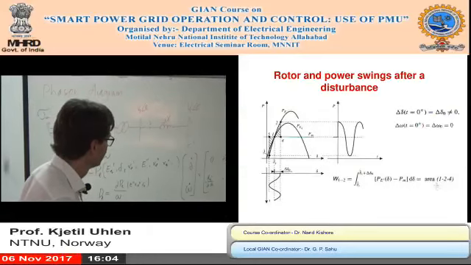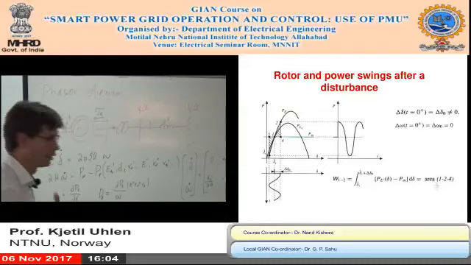So if we somehow disturb the system so that it has an electric power up here to start with, it will oscillate like this, and the angle will oscillate like that. That is out of the simulations.